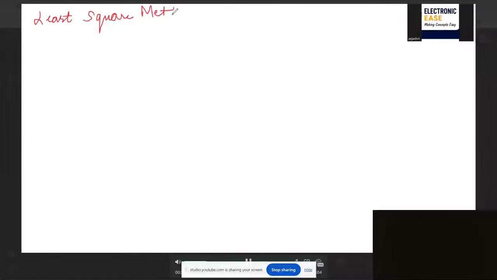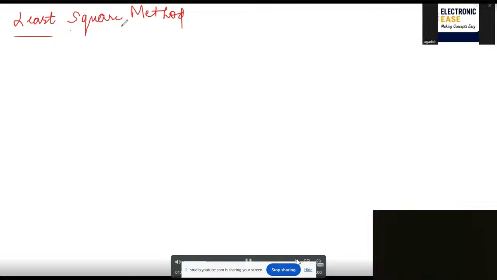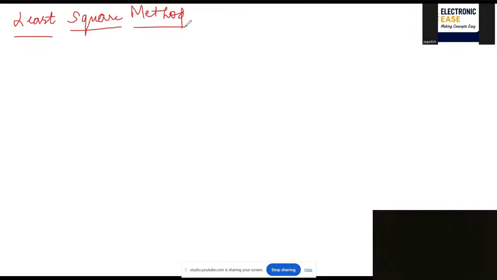Okay. So the next topic, a very important topic, is the least square method. Write down, children, the least square method in your module 1. I'm not skipping any topic for you. So what is the least square method, children?